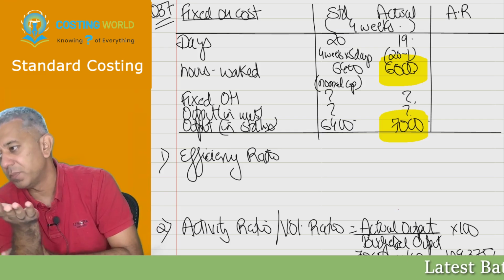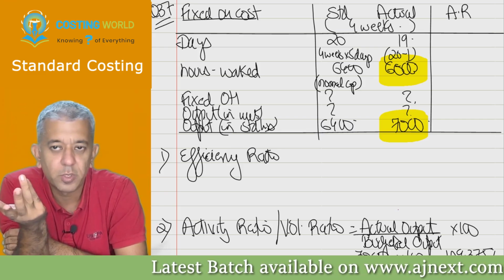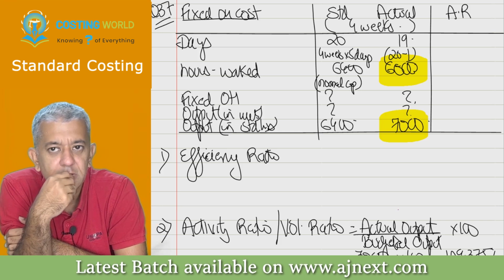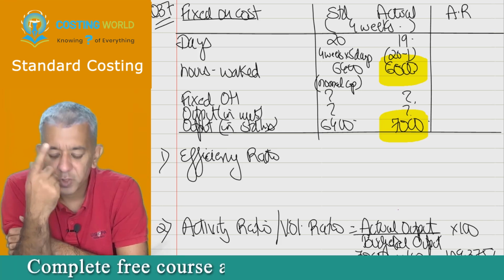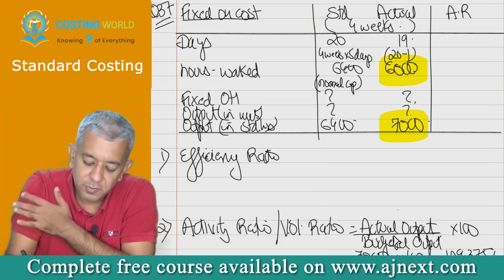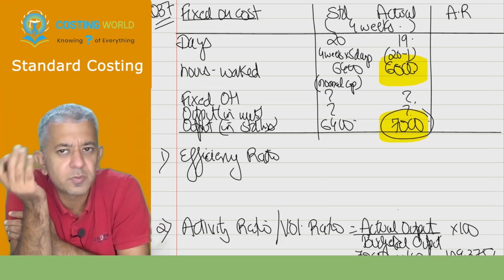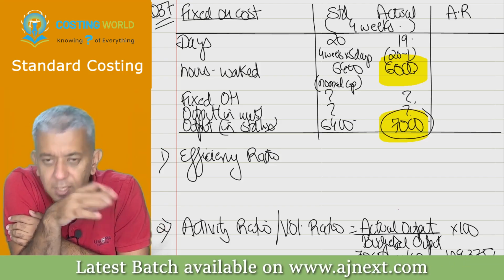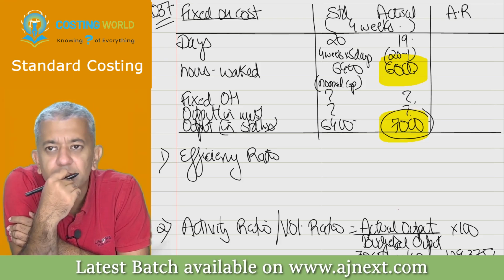Only look at the numbers that I have highlighted. Actually, these are the only two numbers that you require. Are workers efficient or inefficient? Efficient. How do we think that? We always think like this. For this much output, how many hours workers should have taken and how many hours they have taken, right? That is how we do things.